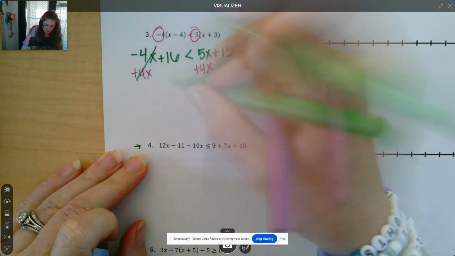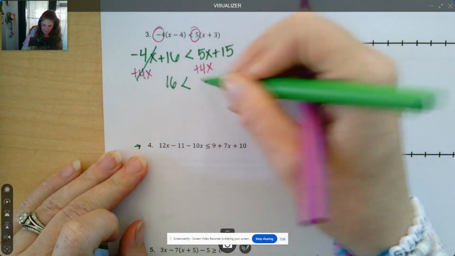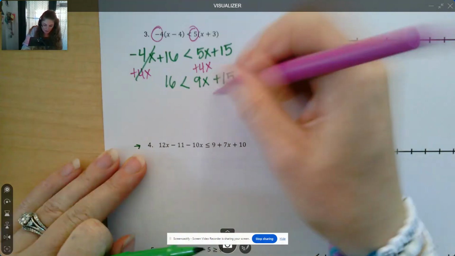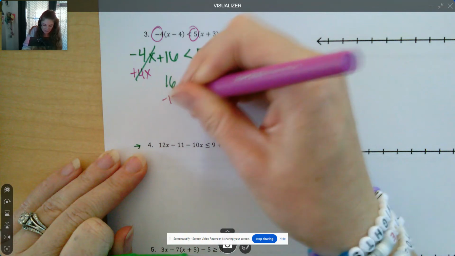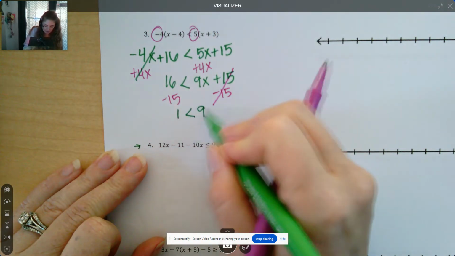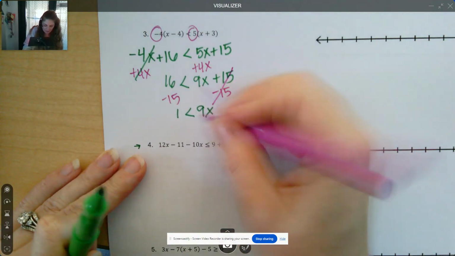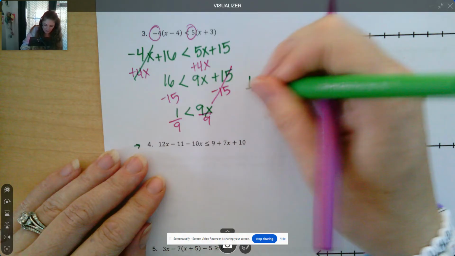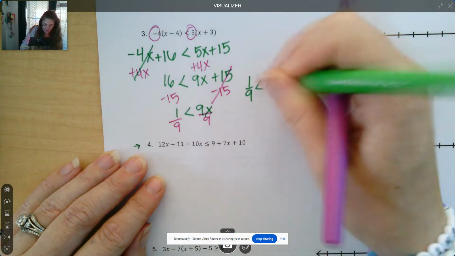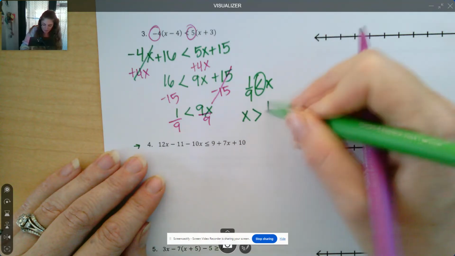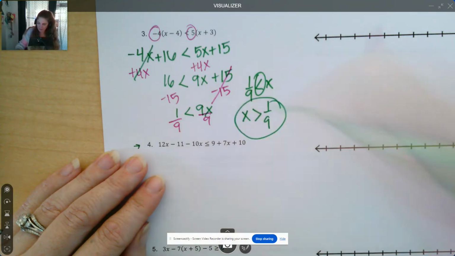When I do that, I get 16 is less than 9x plus 15. I'm going to subtract 15 from both sides. When I do that, I end up with 1 is less than 9x. I'm going to divide both sides by 9, or take 1/9 of each side, and I have 1/9 is less than x. I need to have my variable in front and flip my symbol. That means x is greater than 1/9.